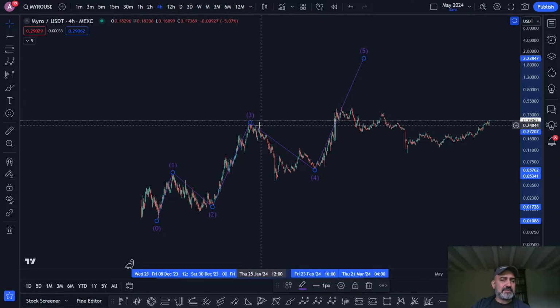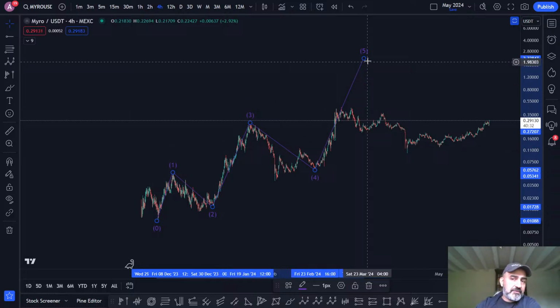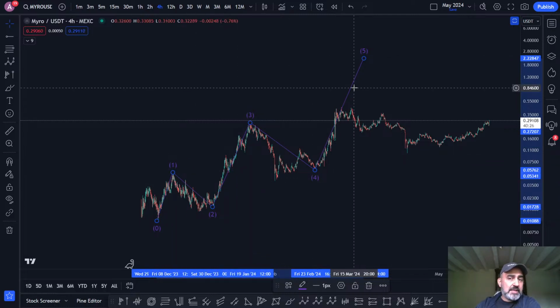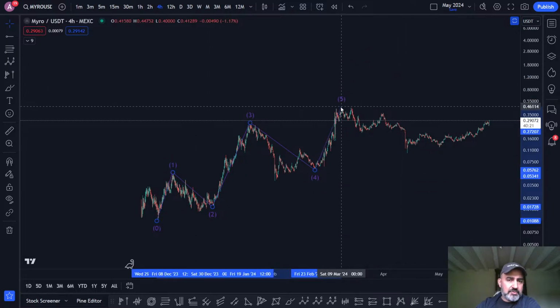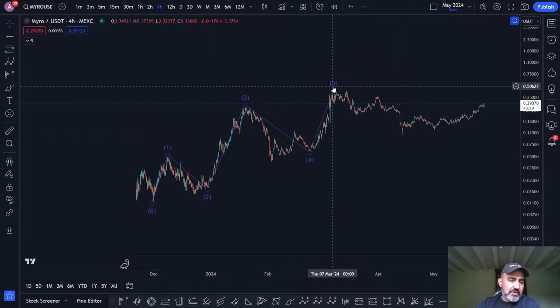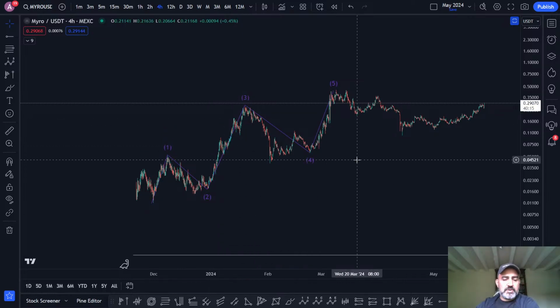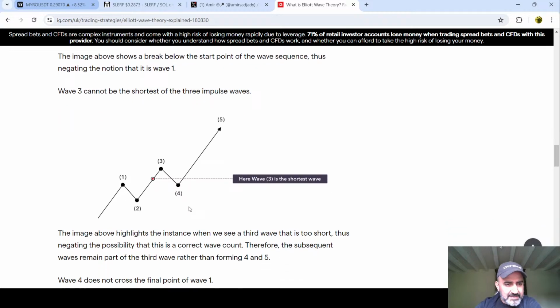Effectively, as long as the 3 is not the shortest, 5 can be as big as it wants. Sometimes when you get really crazy 5s, it's because you had a really rubbish 1, a slightly bigger 3, and then you get this crazy 5. In this case it looks as though the 3 is the biggest. So even though 5 is bigger than the 1, 3 is the biggest. That's fine. 3 can't be the smallest, that's the rule. So that's kind of explained like this here.